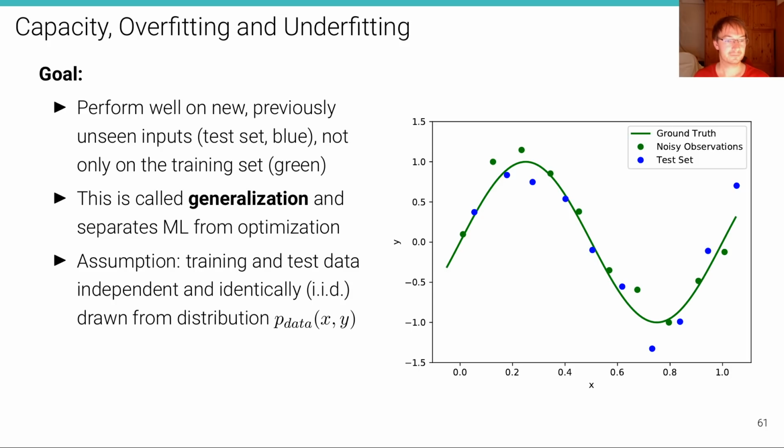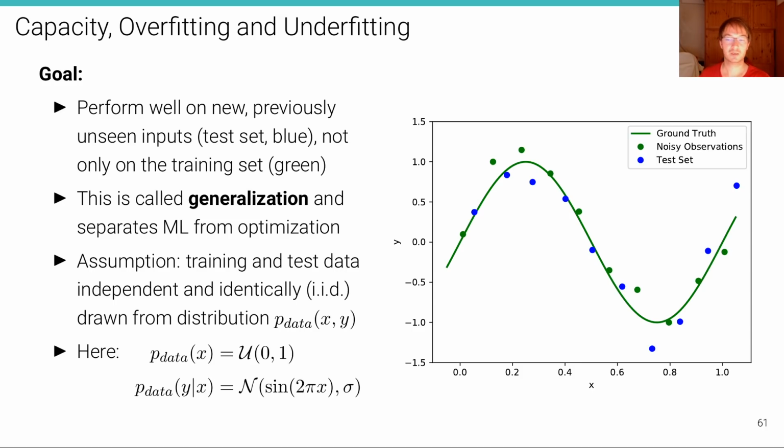The assumption that we often make in statistical learning theory is that the training and the test data are independent and identically drawn from the data distribution, p data of x and y. This is important because this assures that we can make certain statements about the learning problem. In this case, this data distribution has been chosen as follows.